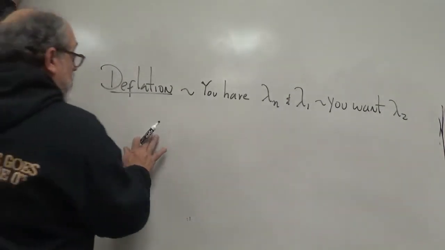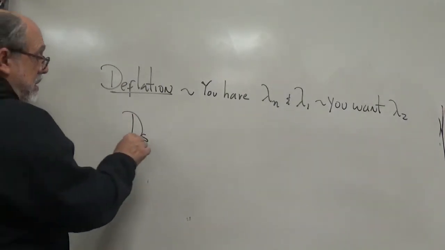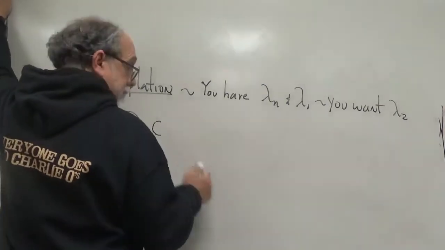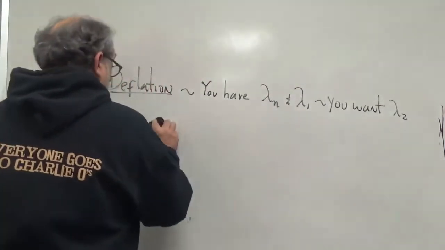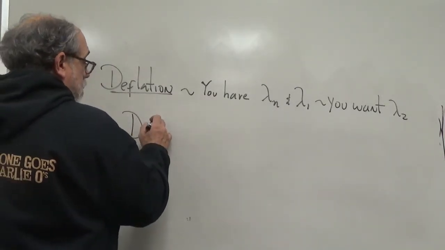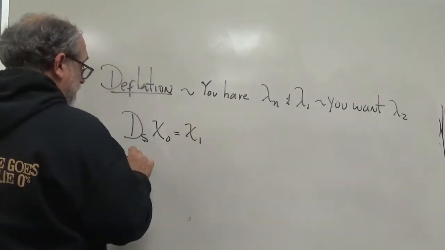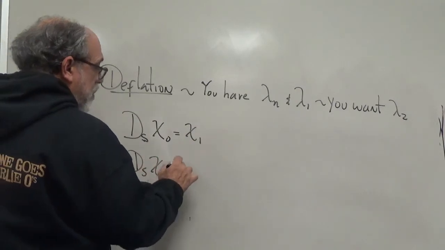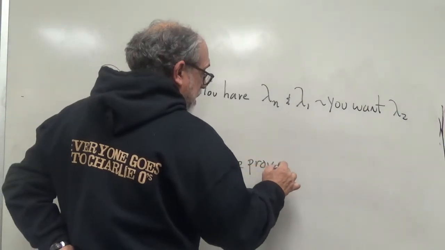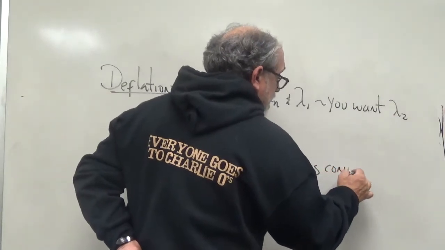Okay, so you look at the problem D shifted, right? D shifted times x0 is equal to x1. D shifted times x1 is equal to x2, etc., right? And we proved that since lambda 1 is the largest, this converges to lambda 1.